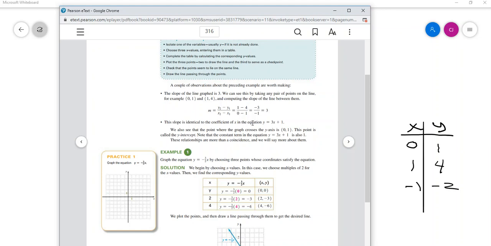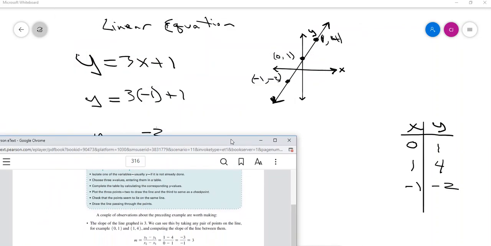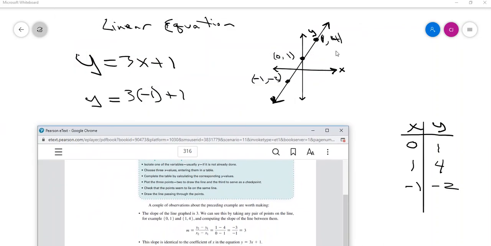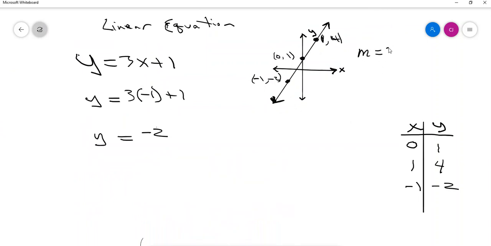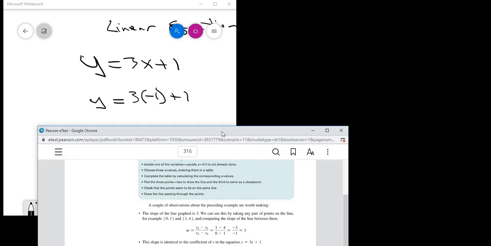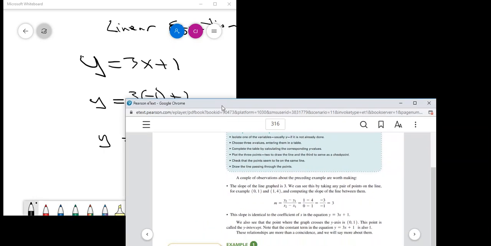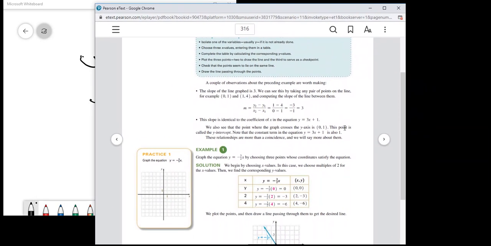That's my x and y values here. We subtract, we get -3 over -1, and there's my slope of that line. So this line here has a slope of 3, right?